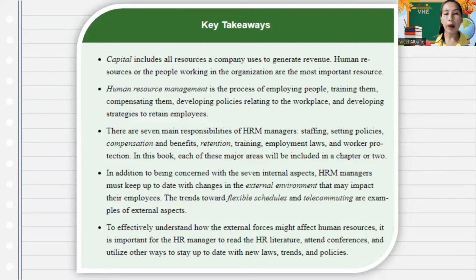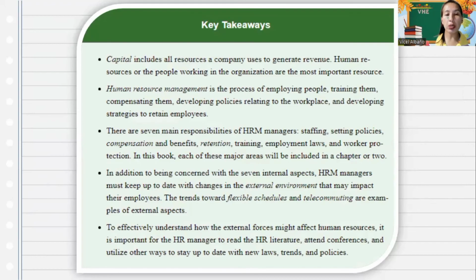So the key takeaways. Capital includes all resources a company uses to generate revenue. Human resources, as the people working in the organization, are the most important resource.